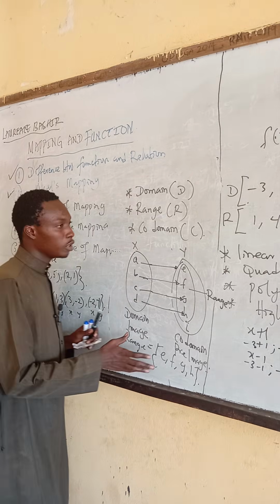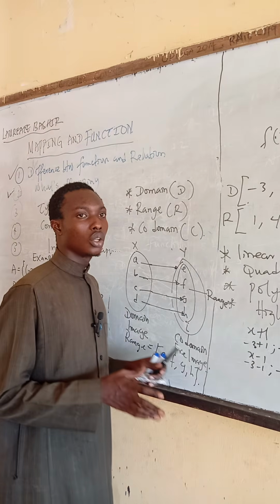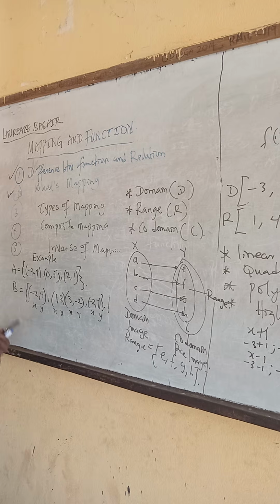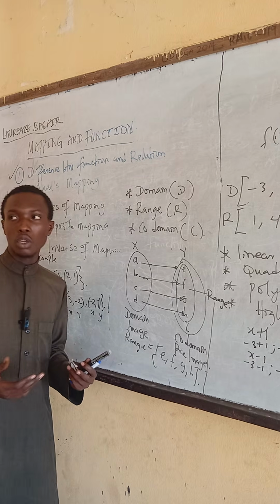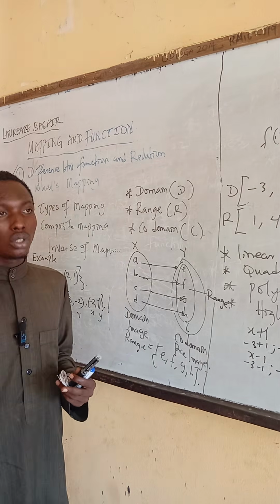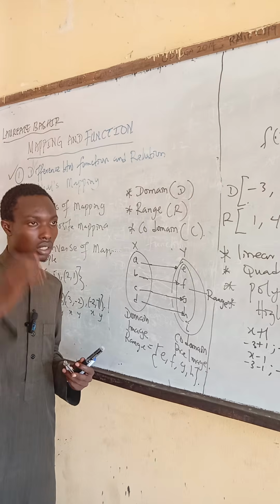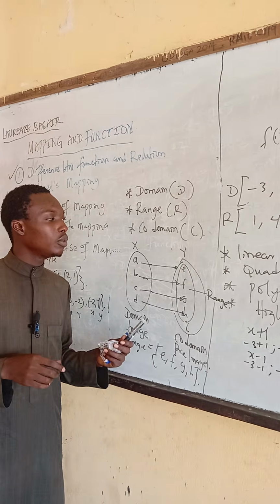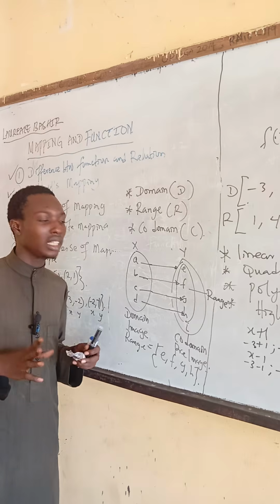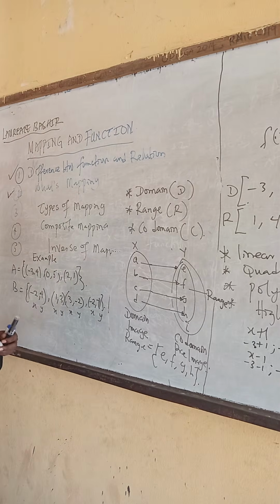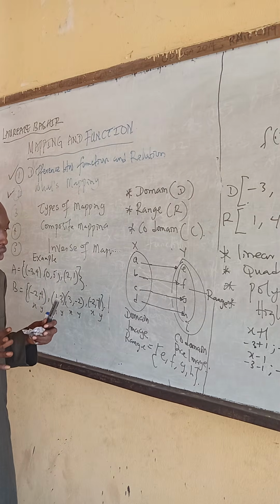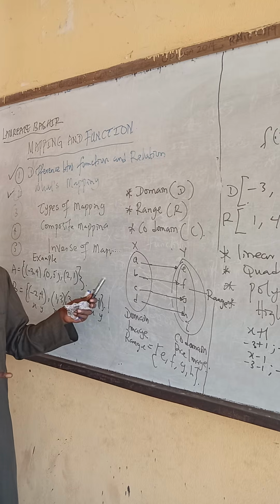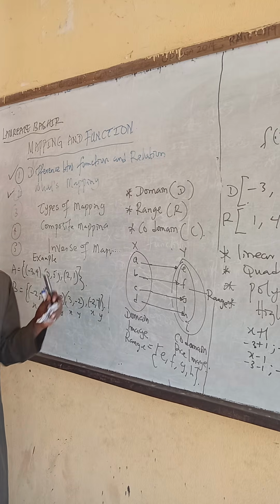So that is the difference between domain, codomain, and range. The domain is what you want to map, while the codomain is the one that is being mapped to. So in short, here is the brief definition of domain and codomain.